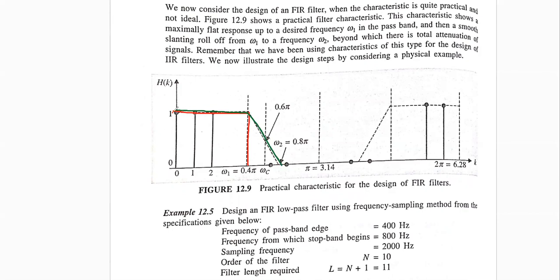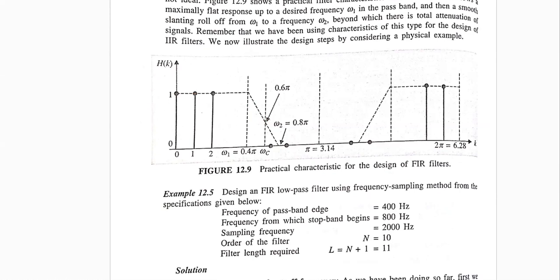Previously it was a sharp change. In practical cases, we are not permitting the sharp change; we are giving a smooth change like this. Is that clear to you? Yes, sir.